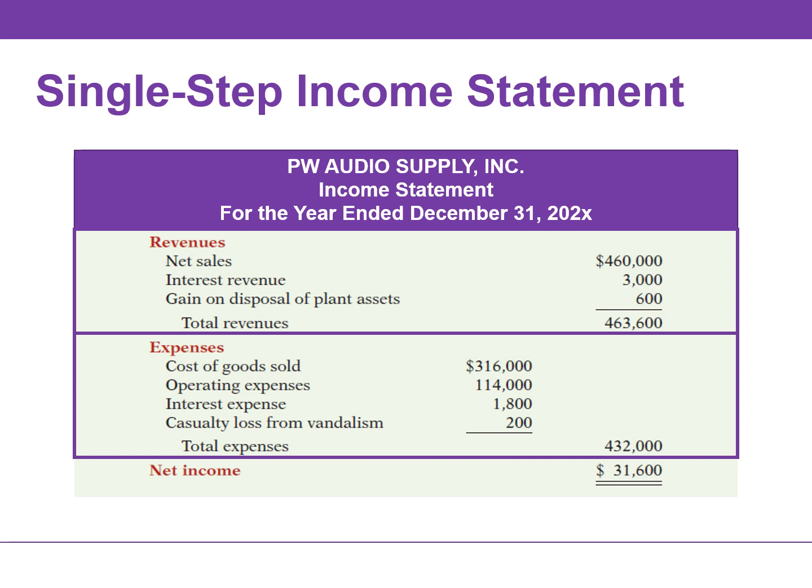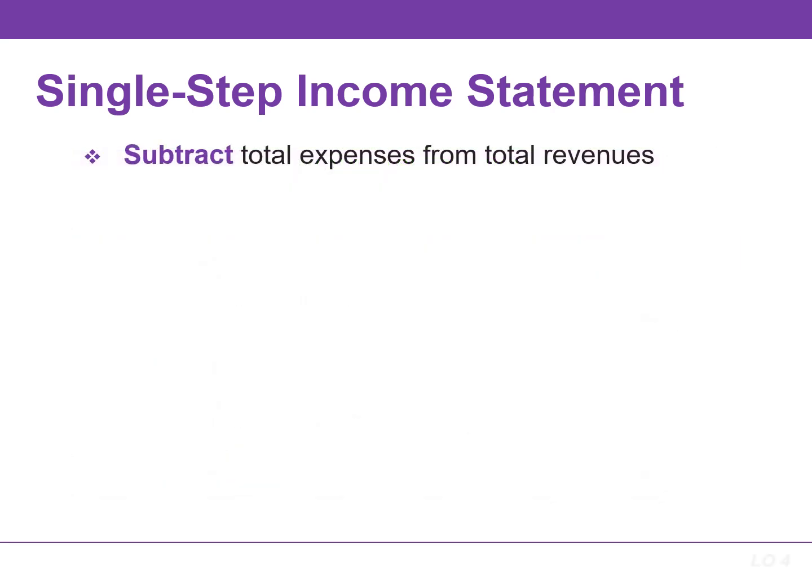To determine net income or loss, we simply subtract total expenses from total revenues. This statement is named single step because only one step, subtracting total expenses from total revenues, is required in determining net income or net loss.